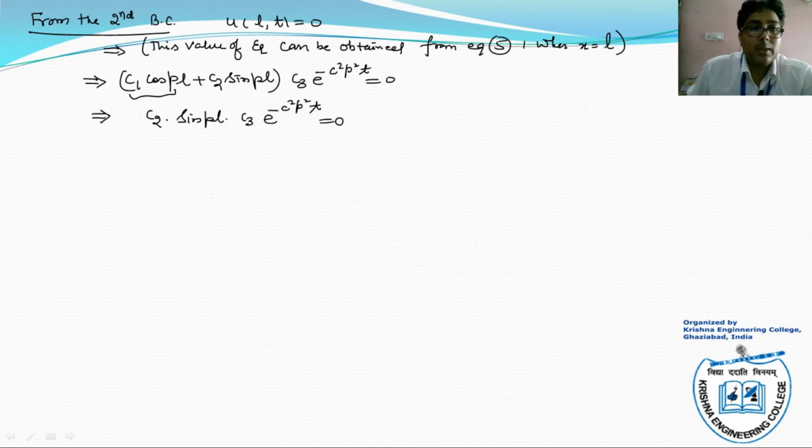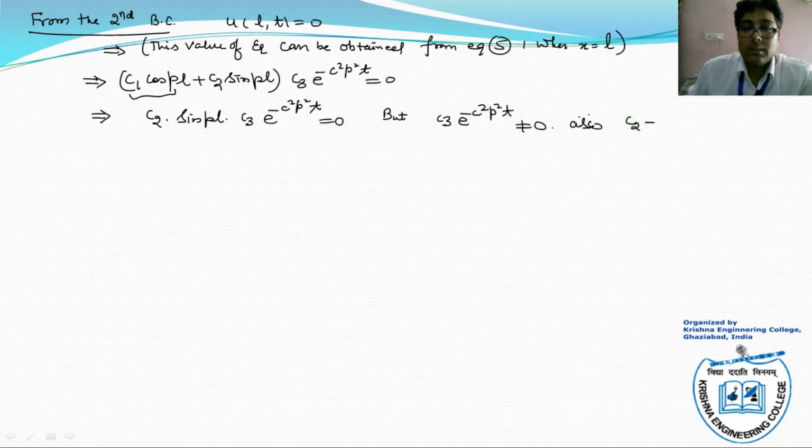Again, the product of three terms is equal to 0, which is possible if and only if one of them is 0. Clear? We use the same argument as above: C3 e to the power minus C square P square T will not be equal to 0, because if it is, then u(x, t) is equal to 0, which is impossible.